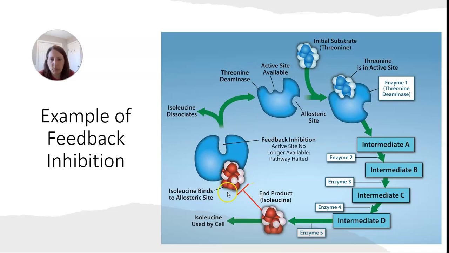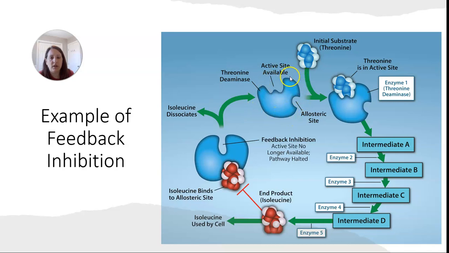So here is the allosteric binding site. So isoleucine will bind here, and that's going to cause the active site to change shape, and the pathway will be halted. Okay. If isoleucine is being used, right, it will dissociate, and that enzyme will now be available.